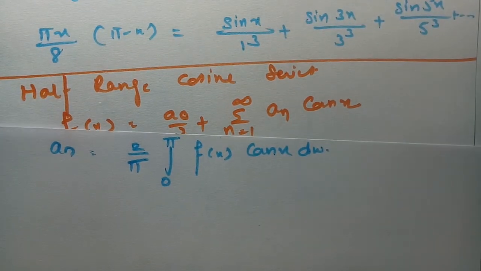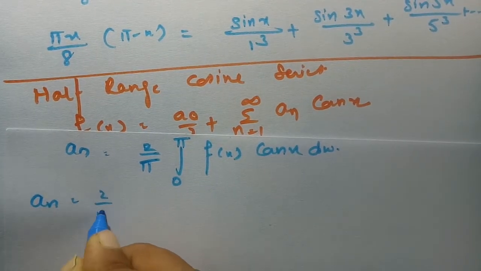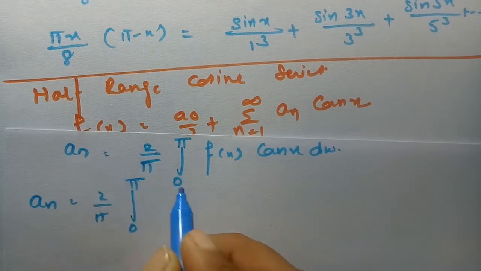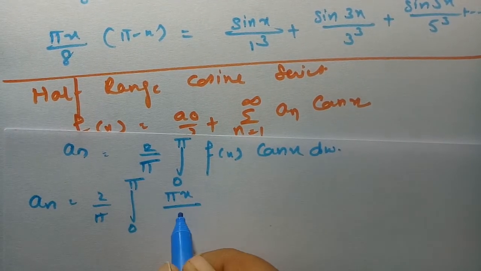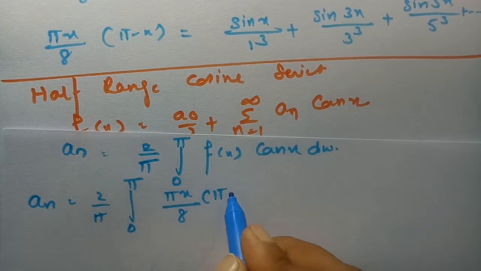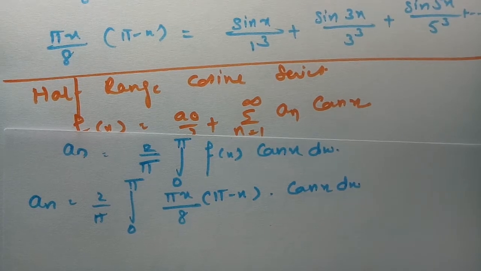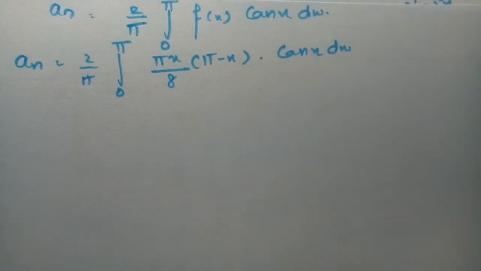So what is f of x here? F of x is nothing but pi x by 8. So for an it is 2 by pi times of integral 0 to pi, pi x by 8 times of (pi minus x) into cos nx into dx. Now I have to find the value of an.